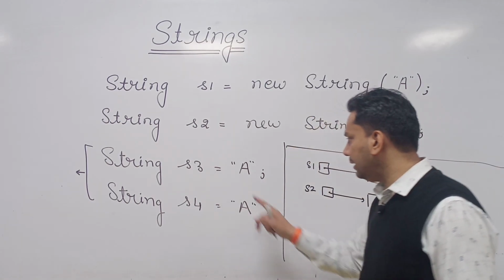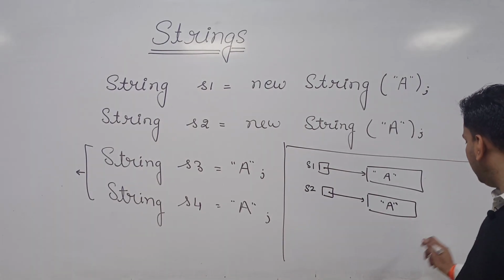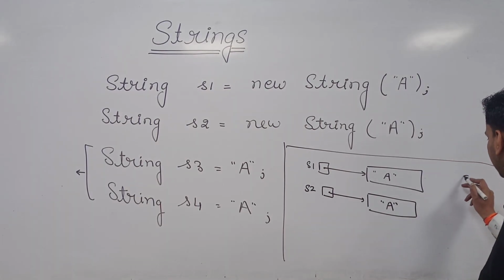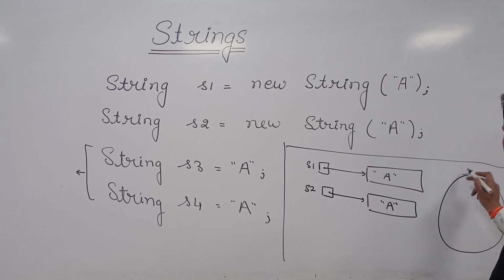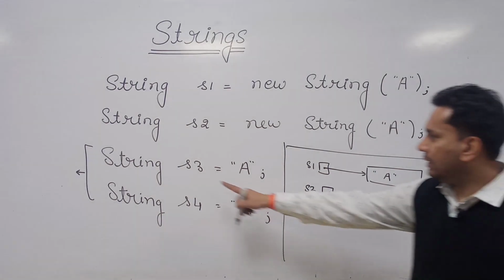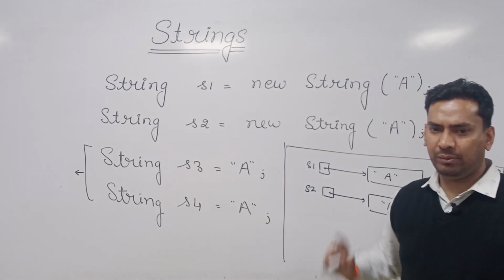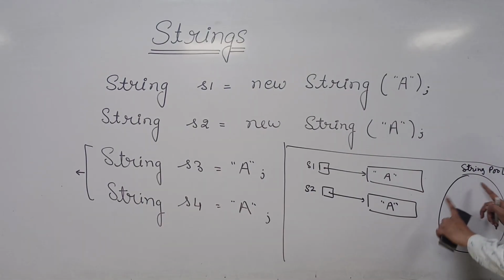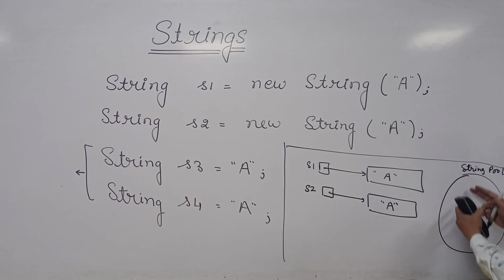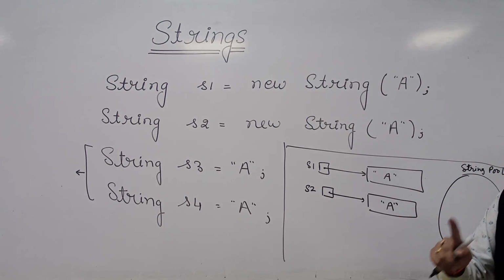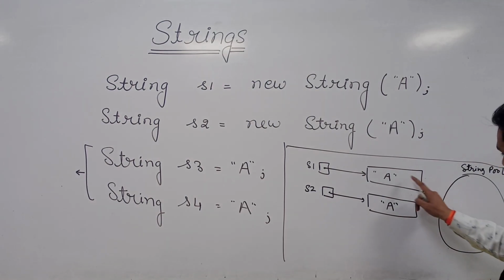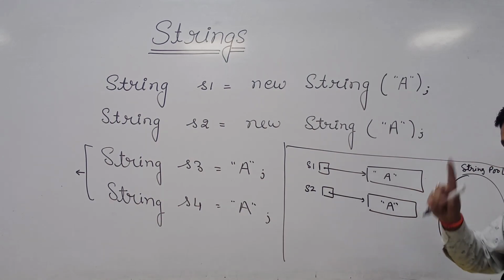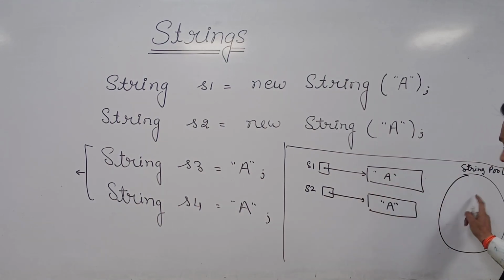Let us understand the execution of the third statement. Let's say this is your intern string pool. You are writing string S3 is equal to A. It will check, do you have any string A available here in the string pool? Currently we don't have any string A in the string pool, although we have one in the heap, but it will not check in the heap, it will check in the string pool.